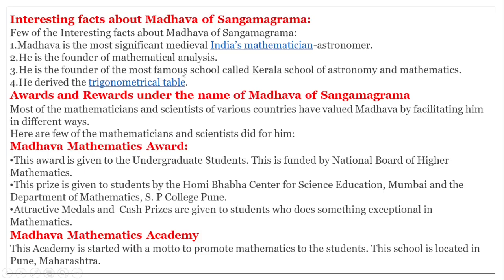He is the founder of the most famous school called the Kerala School of Astronomy and Mathematics. He derived the trigonometric tables because he could work with sine and cosine functions like nobody else, and therefore naturally he could easily create trigonometrical tables. There are some awards given in the name of Madhava. The Madhava award is given to undergraduate students.